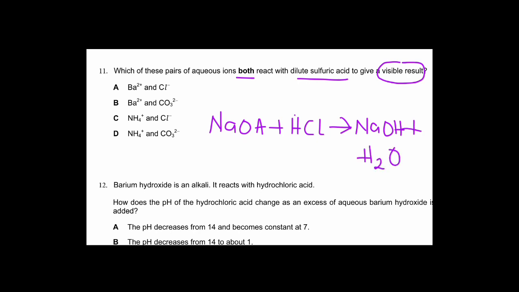We can only observe a change when we add an indicator, but when a chemical reaction is taking place, we are not going to see a visible result.